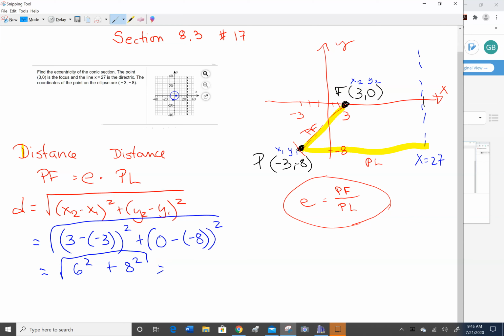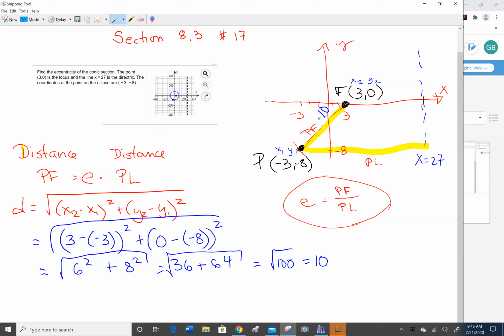That leaves you with 36 plus 64. That is the square root of 100, which is equal to 10. So the distance between the point and the focus point is 10 units.